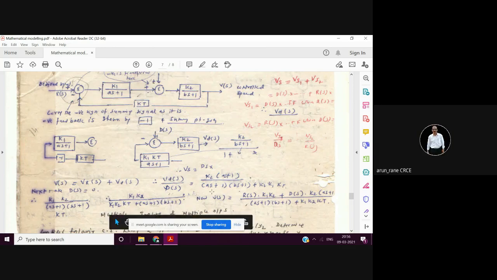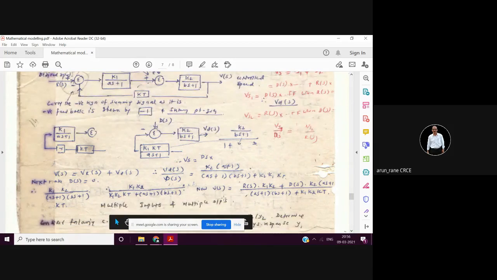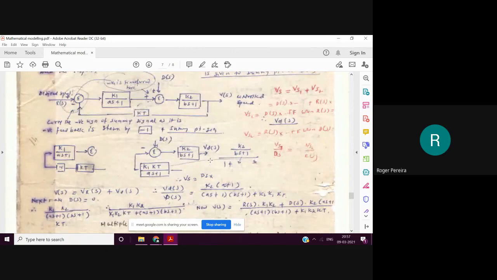So finally you will get Vs is equal to Rs into k1 k2 upon as plus 1 plus ds into whatever came here. It is very simple.